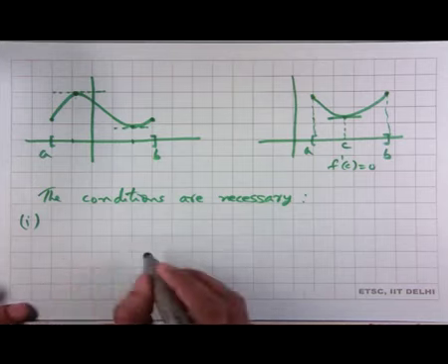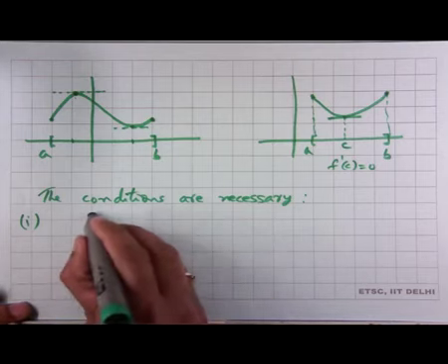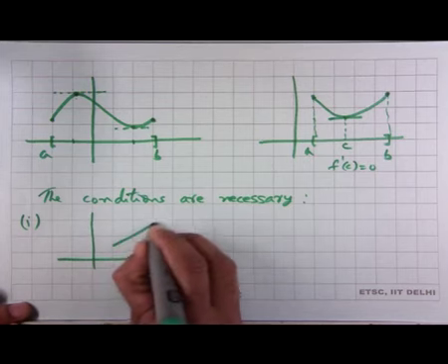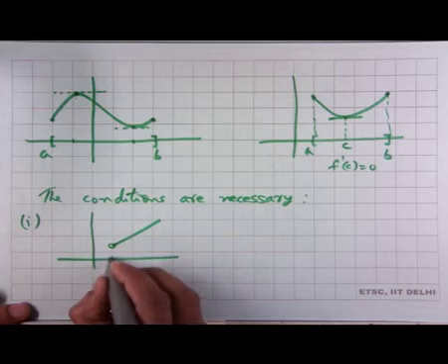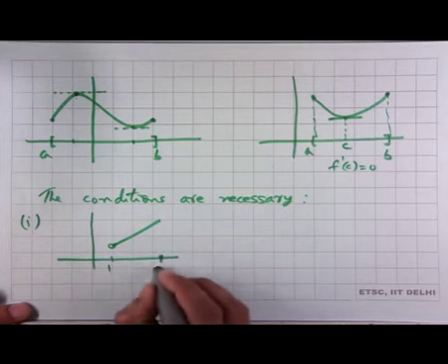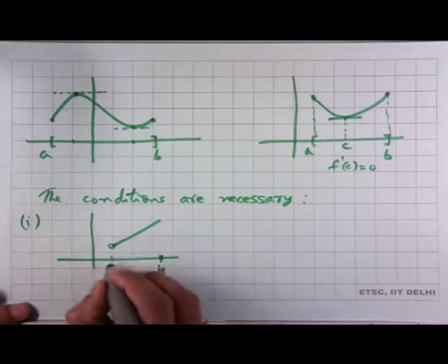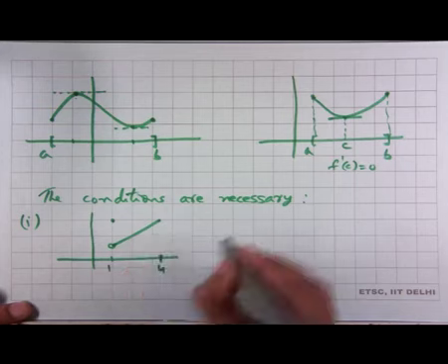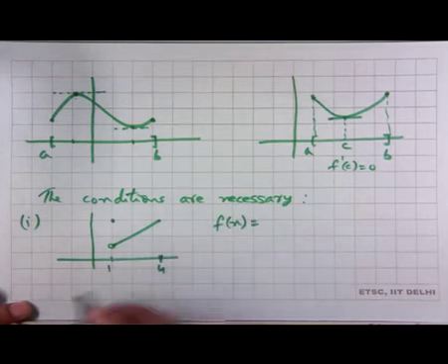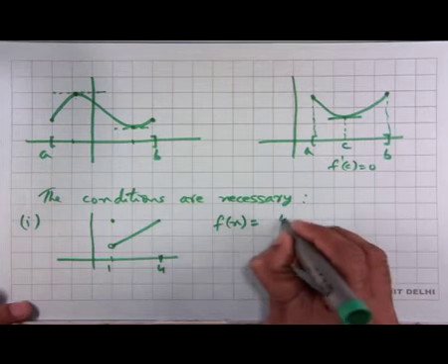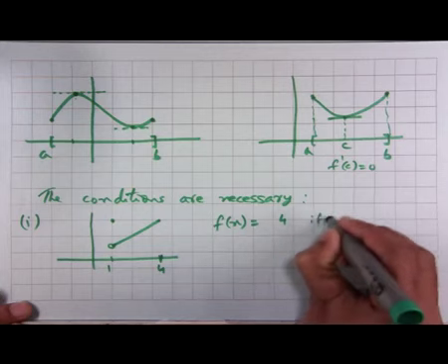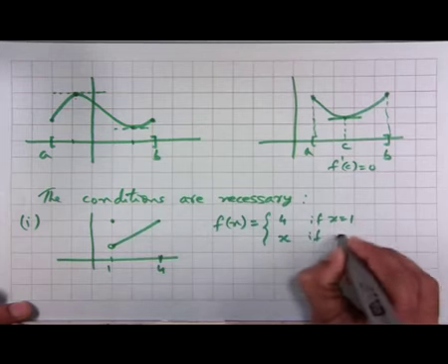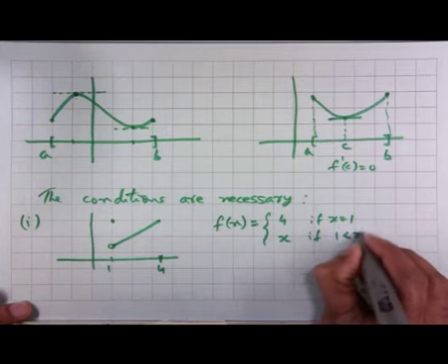Suppose we have this example, a function like this, and let us say this is 1 and 4, and I define the function f x equal to 4 if x is 1, and equal to x if 1 is less than x less than or equal to 4.